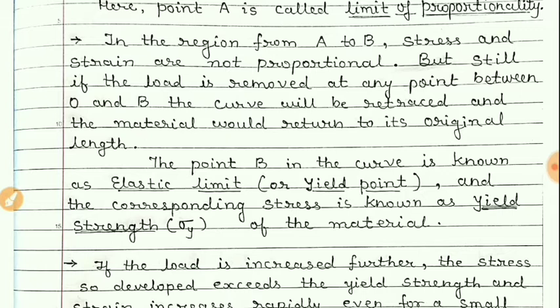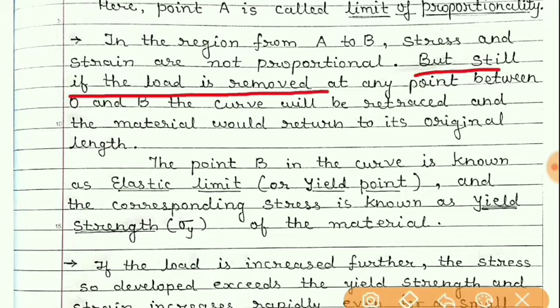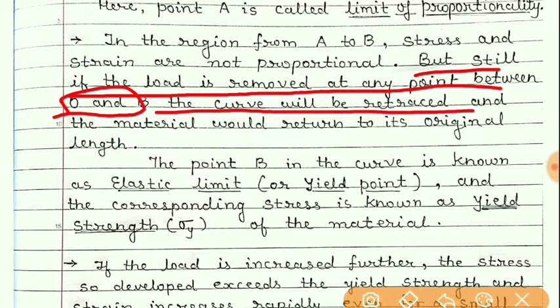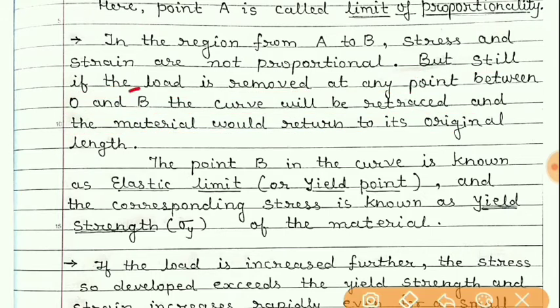But still, if the load is removed at any point between O and B, the curve will be retraced and the material would return to its original length. That means till point B, that material behaves as an elastic material.